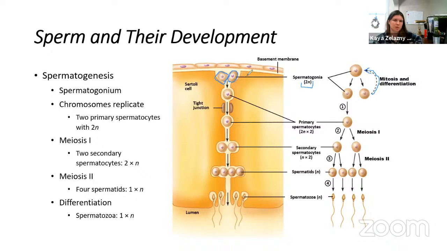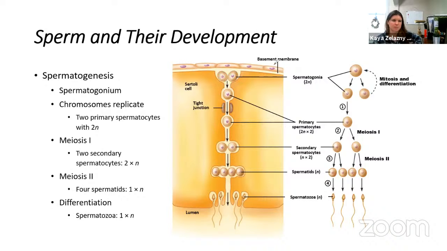So we're going to see them located kind of on the outside of our seminiferous tubules. So out in this basal area of our Sertoli cells. So these are 2 Sertoli cells, and we're seeing the sperm development in this canal between them.